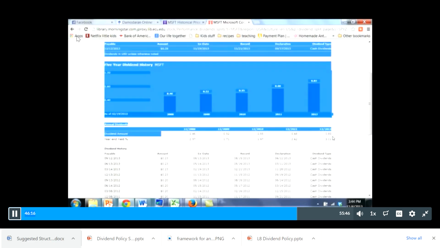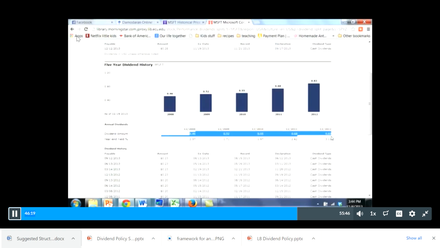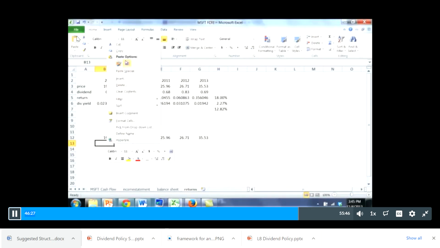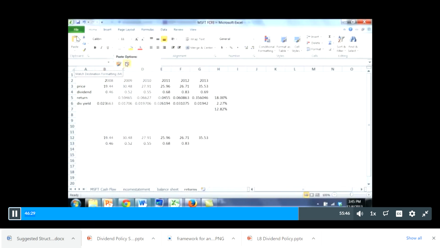Come on. Yeah, see, again, I probably could have done this faster. And copy, and bring it over to Excel, and paste with match destination formatting, and I get it nicely there, right? So it's already up here. So I have my price per year and my dividend per year.